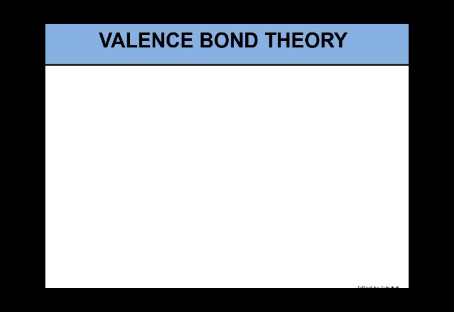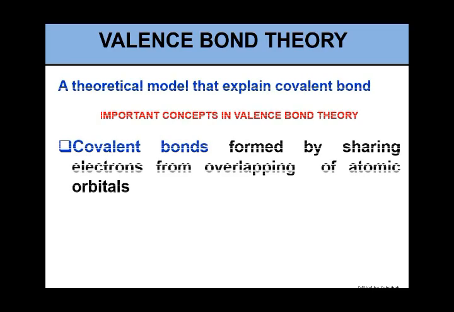First, before we go further, we need to know what valence bond theory actually is. Valence bond theory is a theoretical model that explains covalent bonds. An important concept in valence bond theory is that a covalent bond is formed by sharing electrons from overlapping of atomic orbitals.